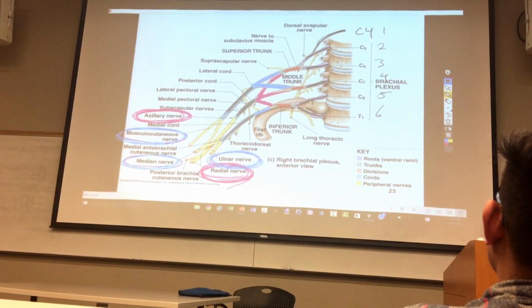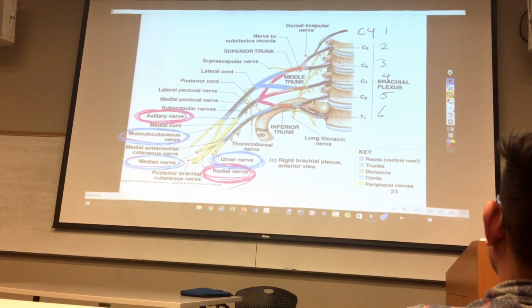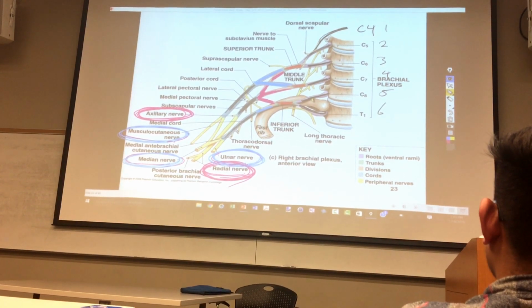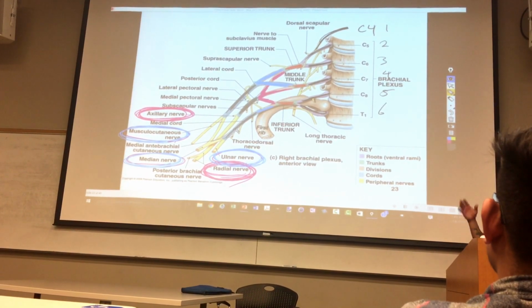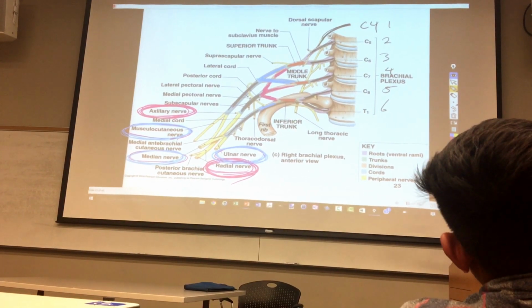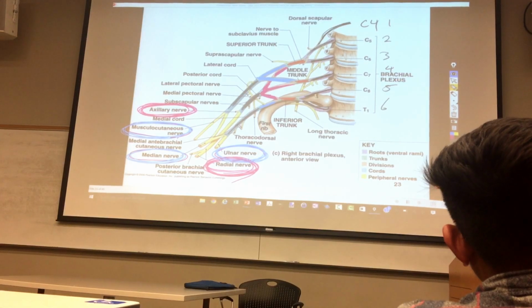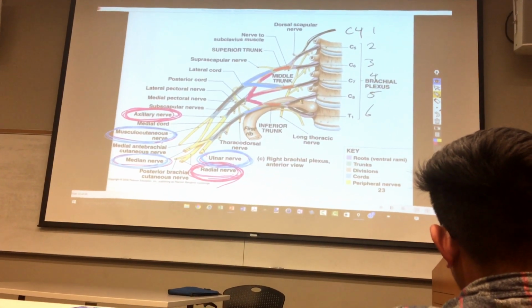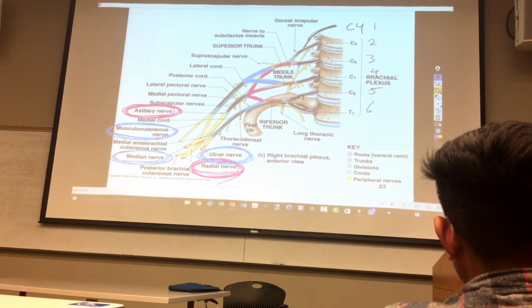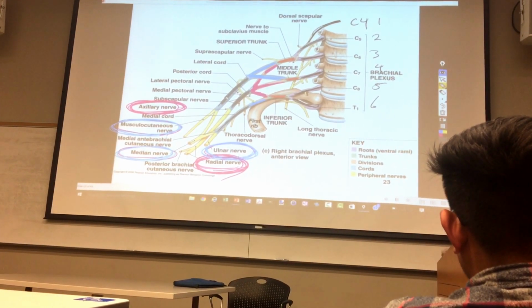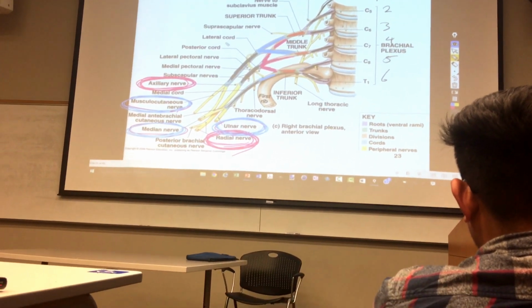Those three cords that we have, the reason they have their names is because you're referring to their location in reference to the axillary artery, which is not in this illustration. There's an artery that runs through here called the axillary artery. In relation to the axillary artery, this cord that you are seeing right here is lateral to it, so it's called the lateral cord.